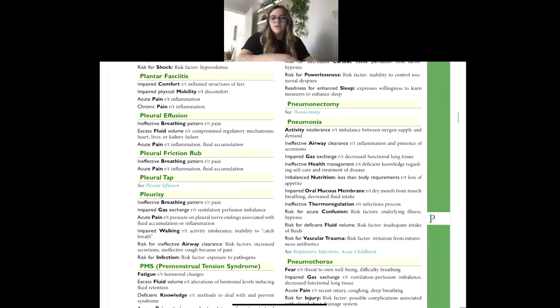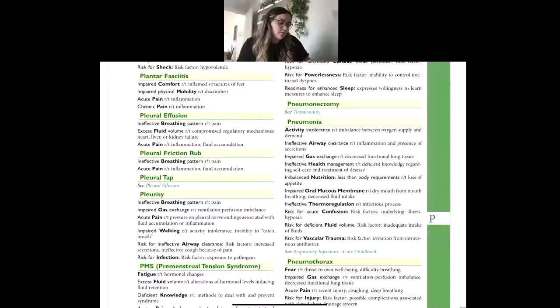Here we go. So as you can see, if you look under pneumonia, it's going to give you all of these nursing diagnoses. So you see activity intolerance related to imbalance between oxygen supply and demand, ineffective airway clearance, impaired gas exchange, ineffective health management. There's a ton of them. And in our care plans, we do 3 typically. I believe that's how your guys' are too.